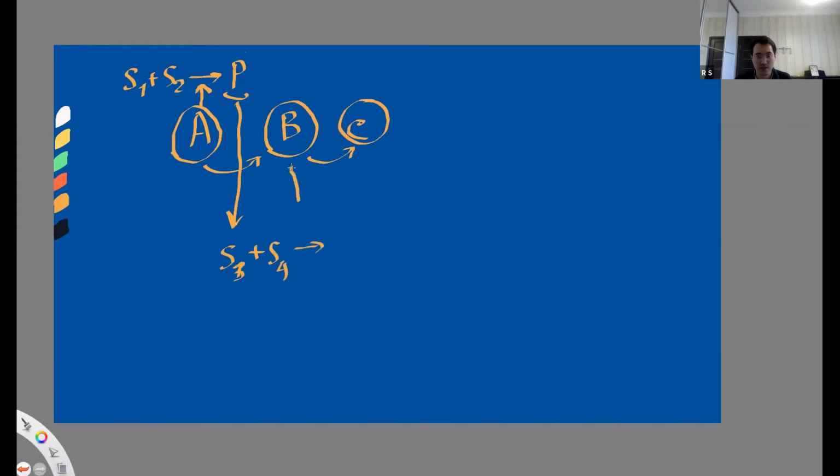This enzyme controls this reaction, so its product becomes S5 for the third one, plus S6 plus S7, and now we have the final product.